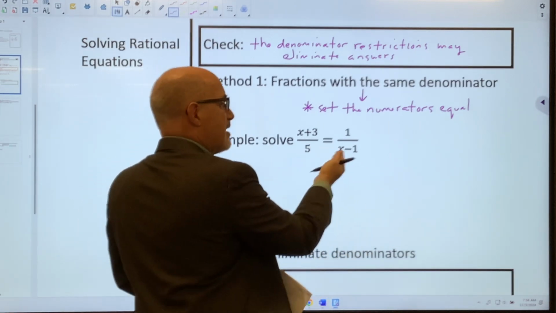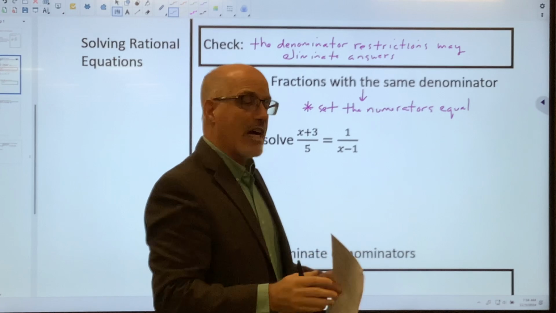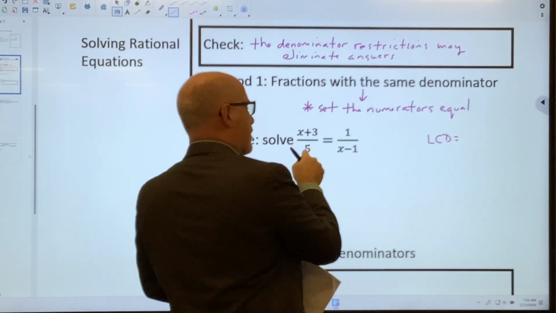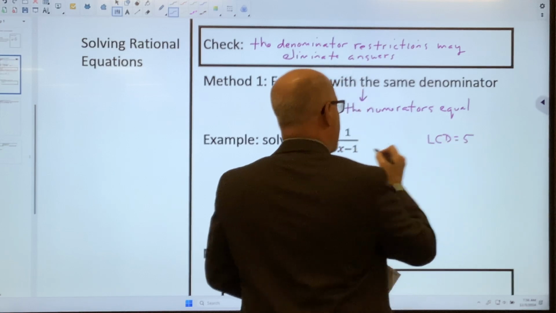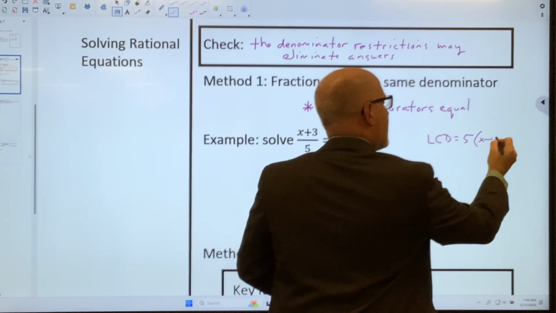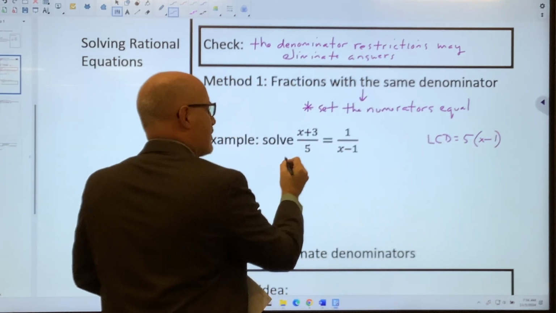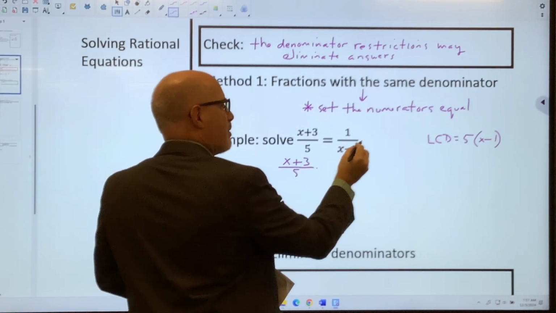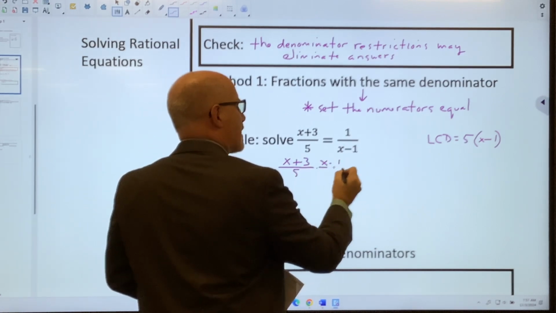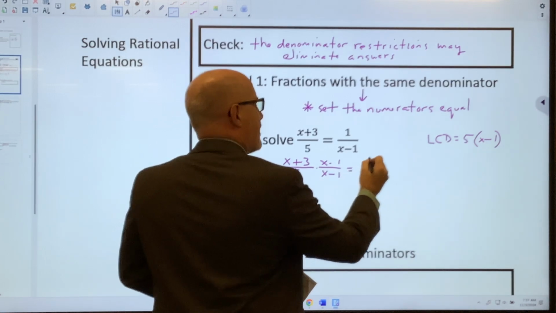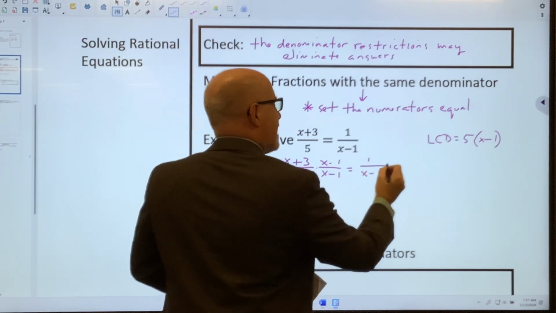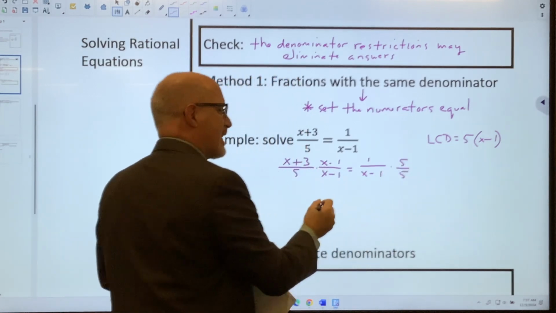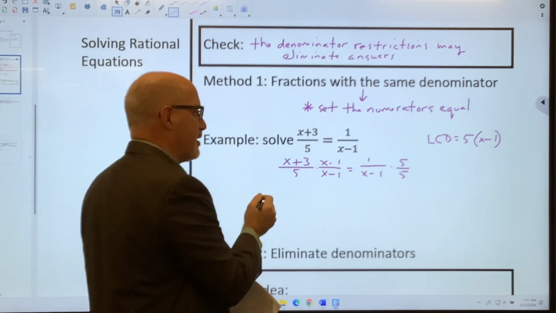Here's an example. These denominators are not equal, so let's get a common denominator. Our least common denominator here is going to be the 5 and the x minus 1. For this first fraction, to get that common denominator, I'm going to multiply it by x minus 1 over x minus 1. On this side, I'm going to do the same thing, multiplying by 5 over 5 to get the common denominator, 5 times x minus 1.